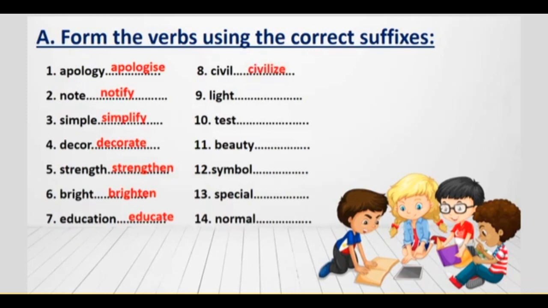Light, to lighten, like brighten. 10, test, testify. Number 11, beauty, to make someone beautiful, we say to beautify. Symbol, symbolize. Special, specialize. Normal, the verb is to normalize. And these verbs, of course, can be conjugated in the present, in the past, and in the future. We can take the S and so on.